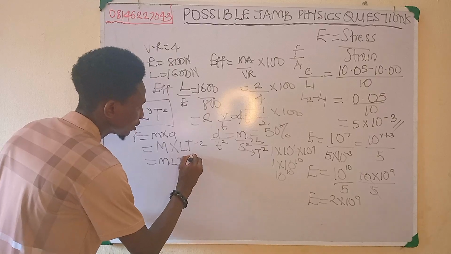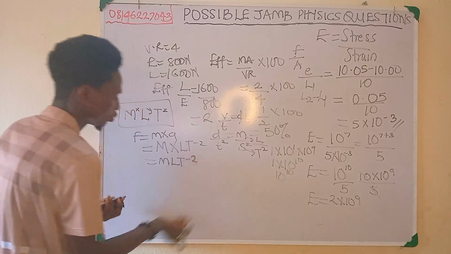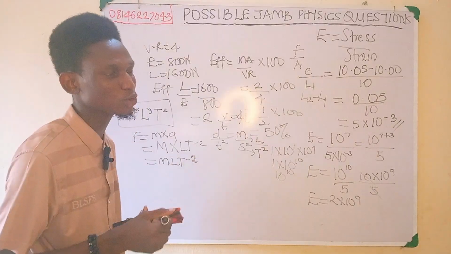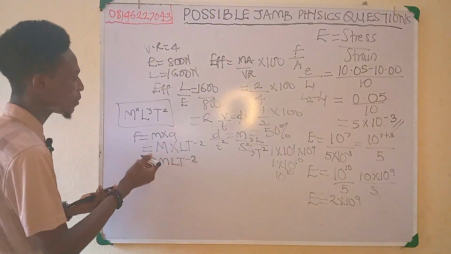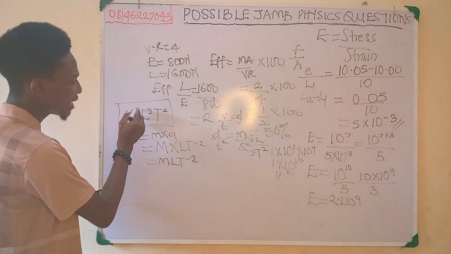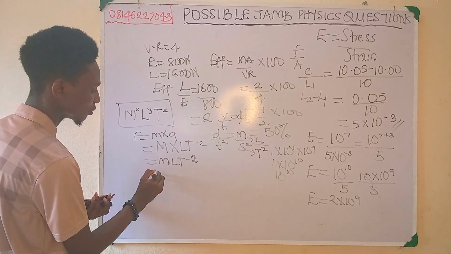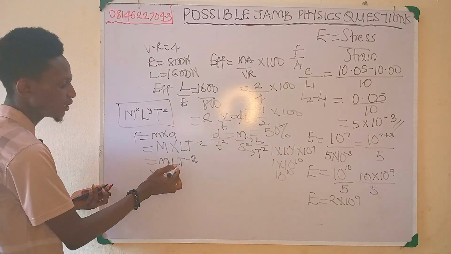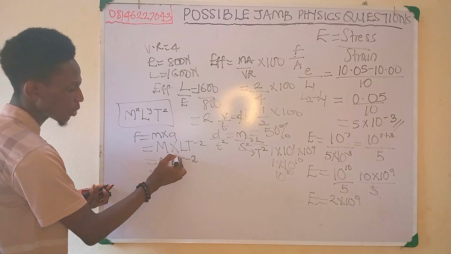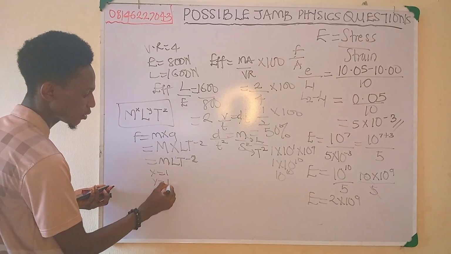I taught extensively how to derive dimensions, and I gave about 3 shortcuts, so you can go and watch that video. Now we have M L T raised to the power minus 2. So what is x here? x is 1. What is y? L is raised to the power 1 also, so y is 1.